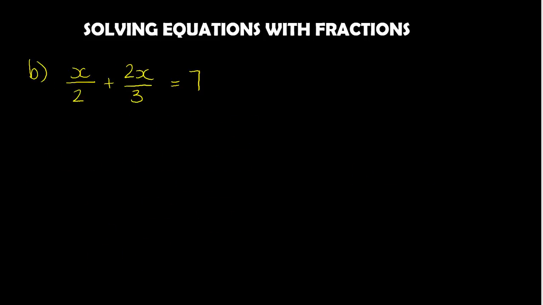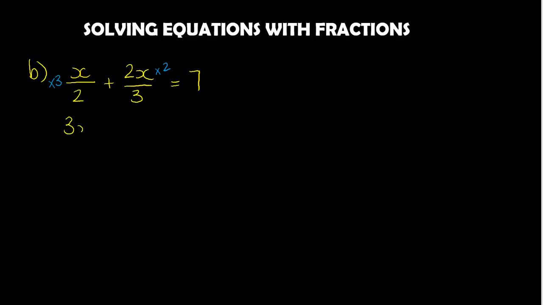Let's take a look at this one now. As mentioned before, now we are adding fractions. So remember, we need a common denominator. So what I'm going to do is multiply this one by 3, multiply this one by 2. Now there are two ways that you can handle this. You can make this over 6 now and give it a common denominator. I'm going to do it a slightly different way that I think is a little bit easier.